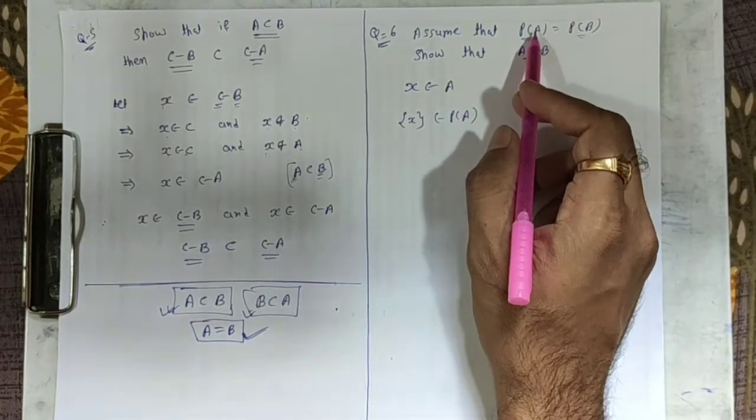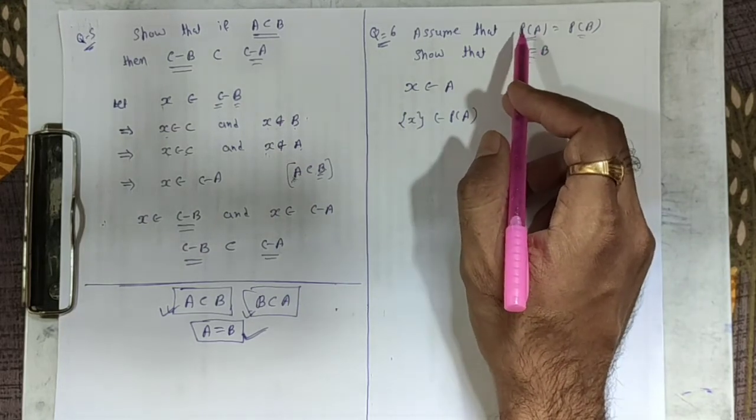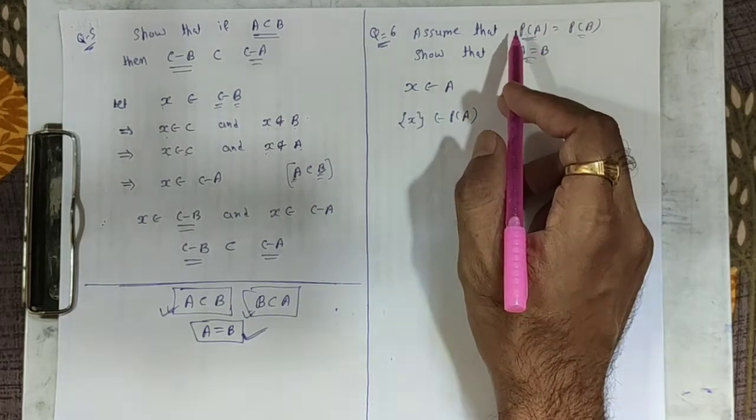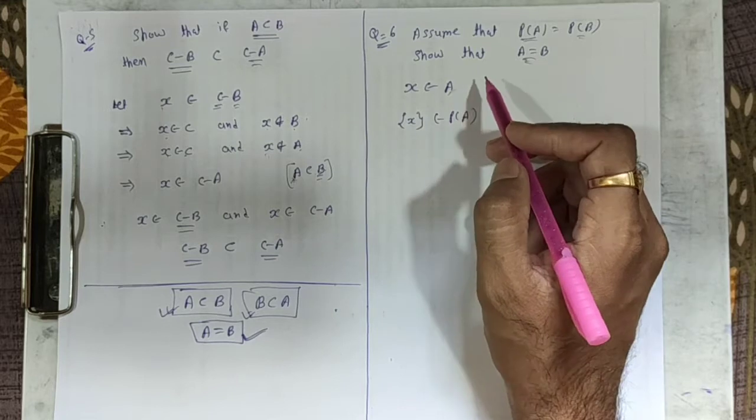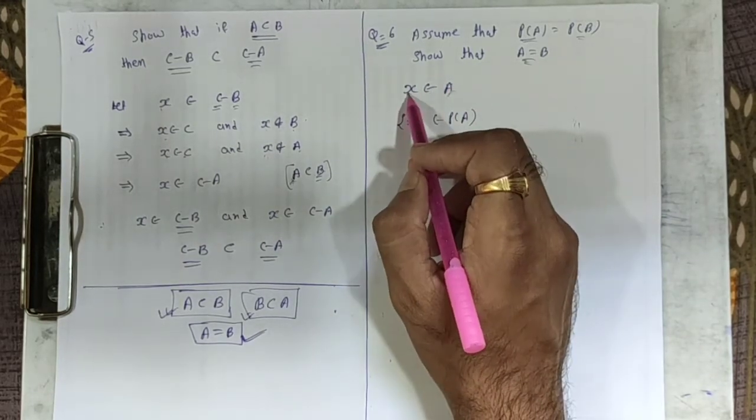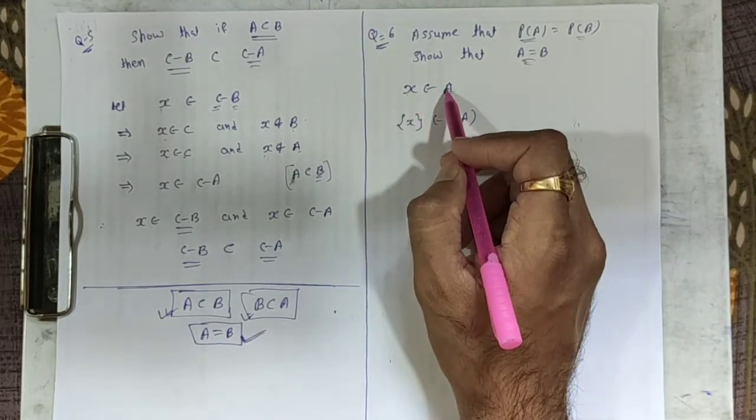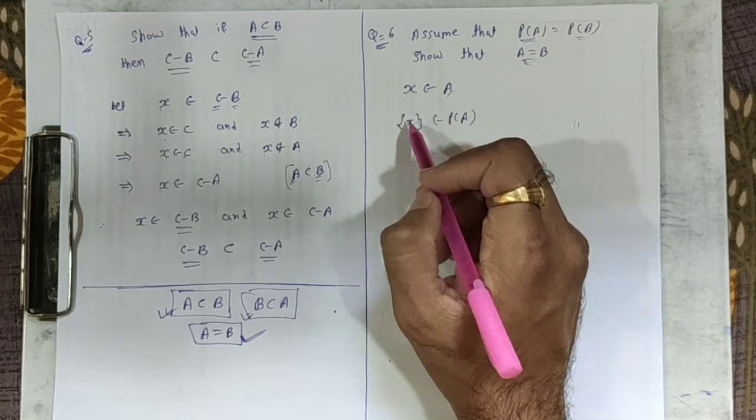What is a power set? It is the set of all possible subsets of set A. So A has an element x, so in the power set of A we will get a set {x}.